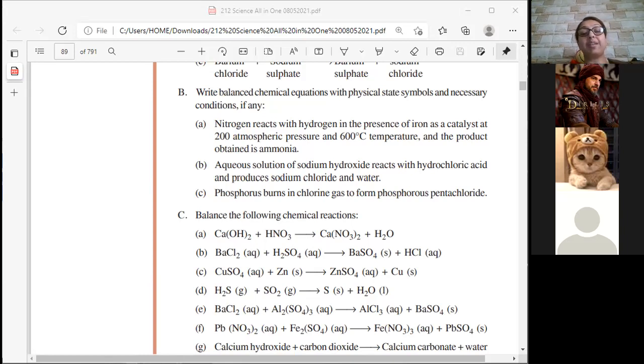Okay. What are we getting? Ca(NO3)2. What is Ca(NO3)2? Calcium nitrate. Yeah. And then what do we get? Water. Correct? Yes, ma'am. Now, very quickly to balance it, what are we going to do?